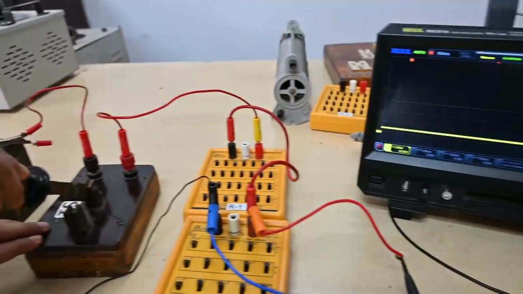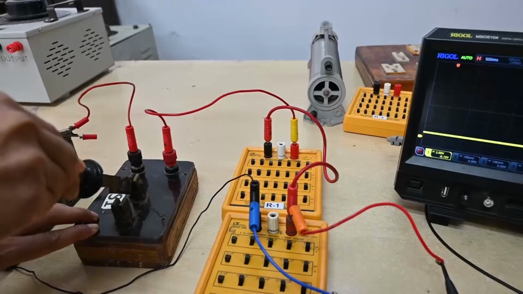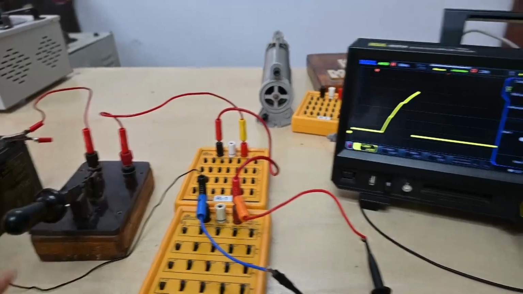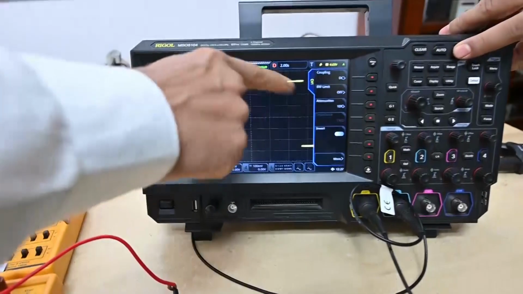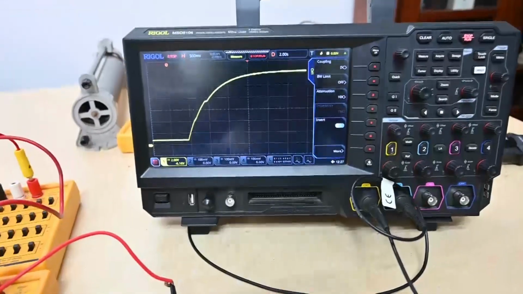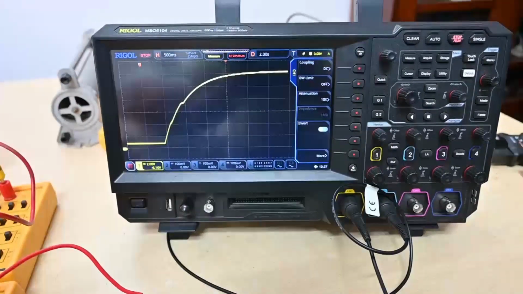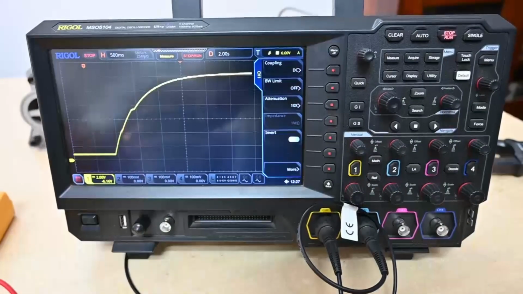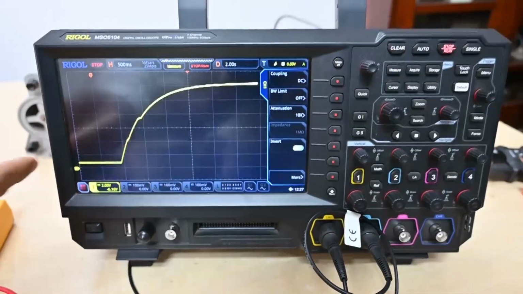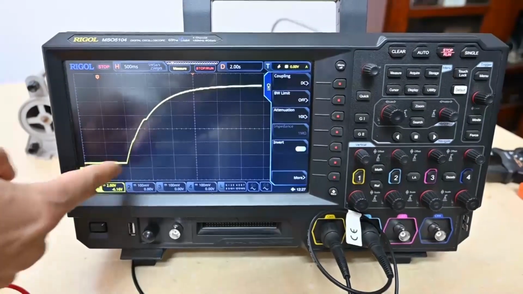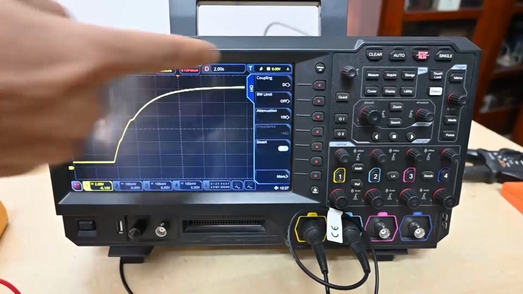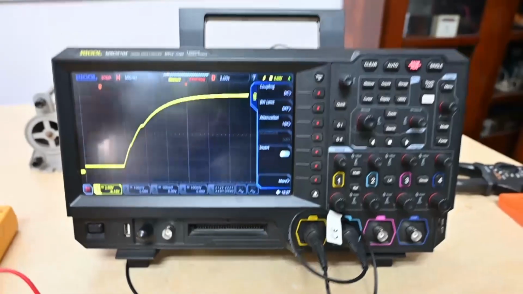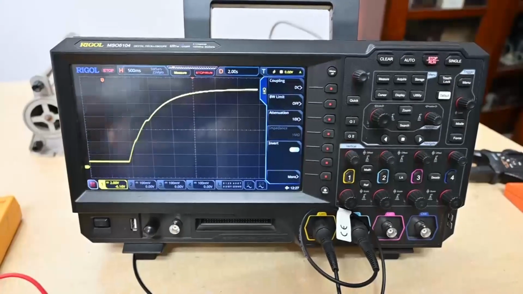For that, I will switch on the corresponding supply, and you see here the capacitor voltage goes on increasing exponentially, and it settles at this point. It goes to the steady mode in this case. So it starts from this point, and after the switching it exponentially increases and settles afterwards.